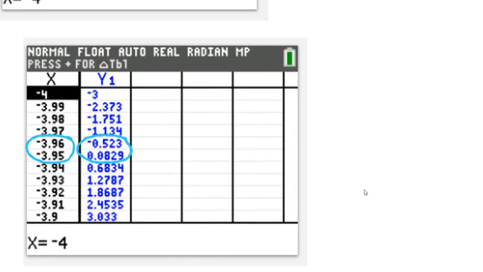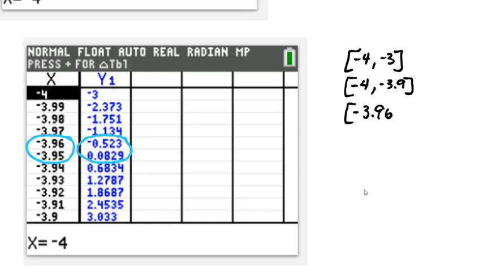So just to recap, we originally started with the intermediate value theorem proving that there was a 0 between -4 and -3. Then we narrowed that down to be in between -4 and -3.9. And now we're narrowing it down to be in between -3.96 and -3.95.